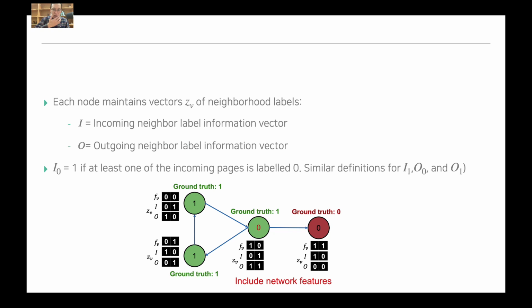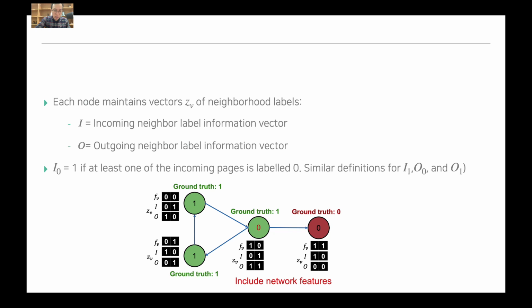So when you see its label, currently it is labeled as green, and we put 0, 1. For the outgoing, it currently has the red label, from the local baseline, right? The previous one. So we have different incoming and outgoing vectors.